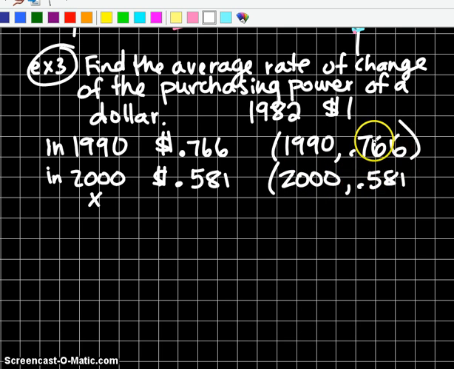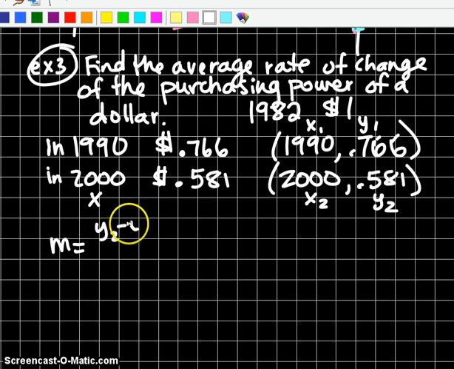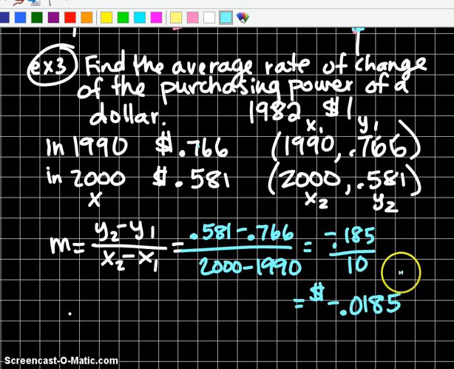What you would do next is you would decide which one you want to have be point 1 and which one you want to have be point 2, and you're going to plug the data into your formula. So why don't you pause the video quick and try it, and then when you unpause, I'll have the answer showing. As an answer, you should be getting negative 0.0185, which is approximately negative 2 cents.